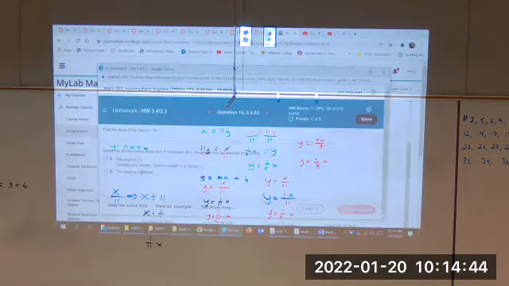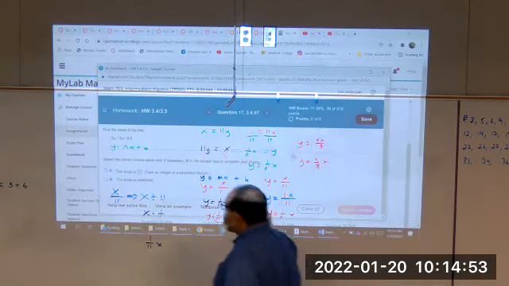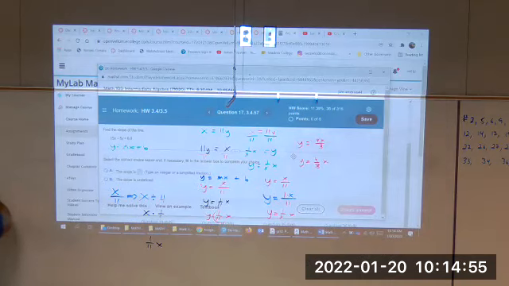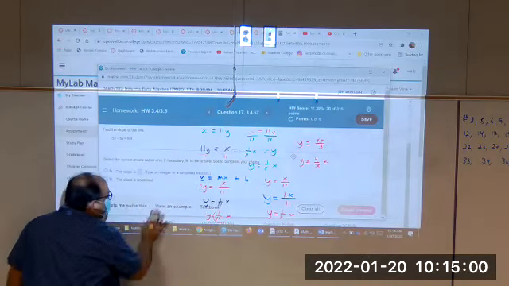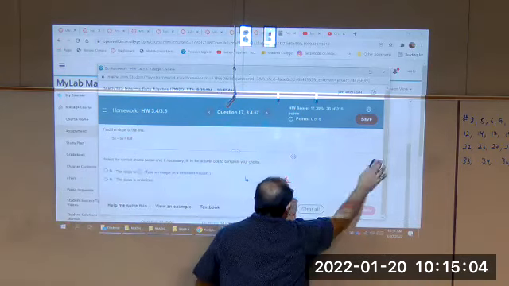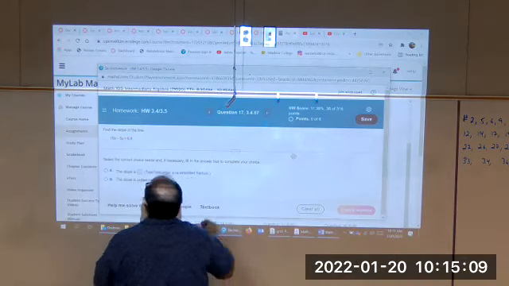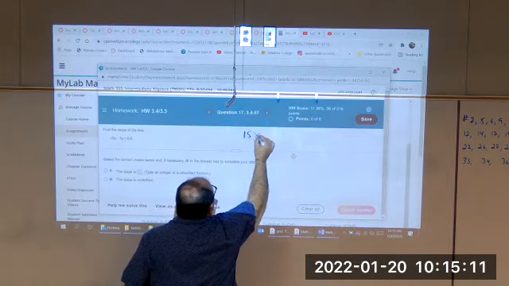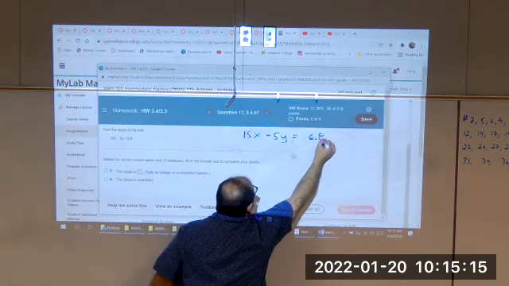Number 17. Okay, decimals. So you got some nice numbers there, but then you got a decimal on the right-hand side. 15x minus 5y equals 6.8.